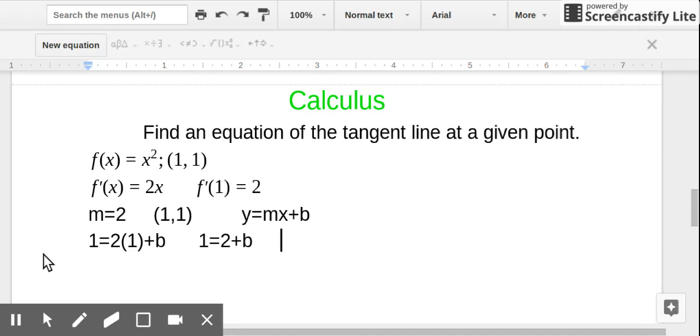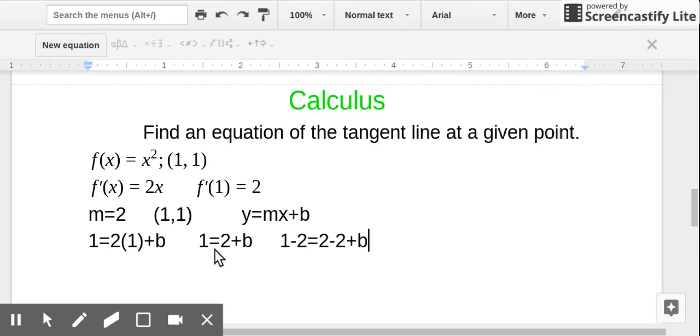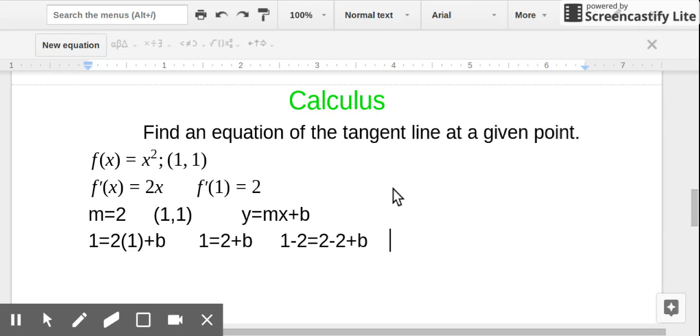We're going to go 1 minus 2. We subtract 2 from both sides to isolate b. All I did was subtract 2 from this side and 2 from this side. When we simplify this down, we end up with -1 is equal to b.